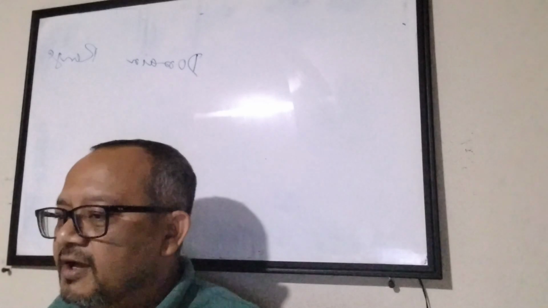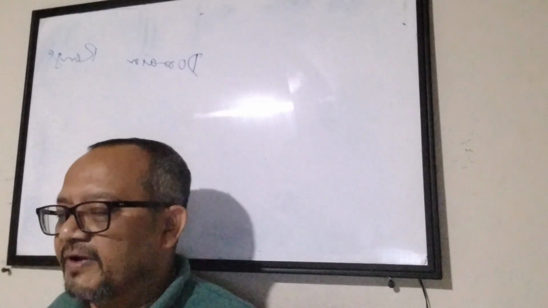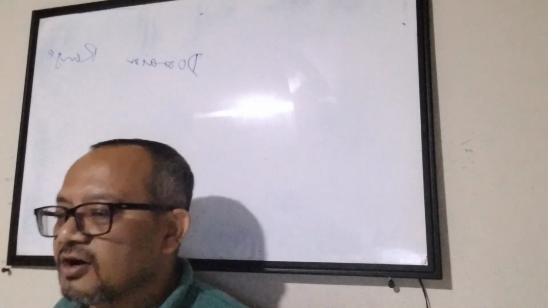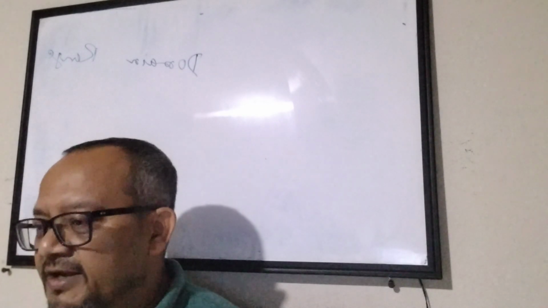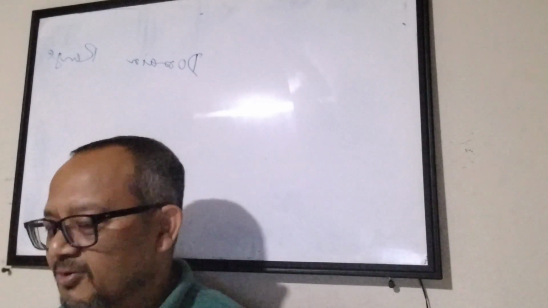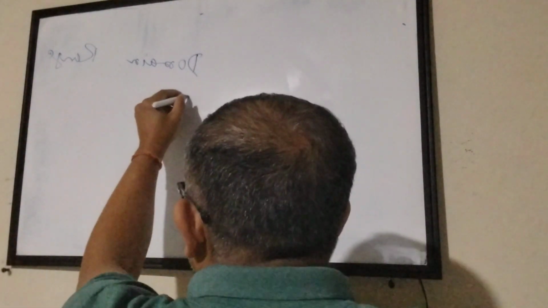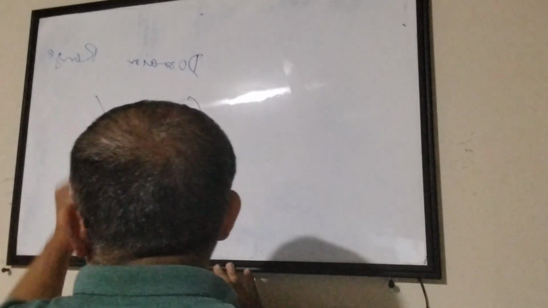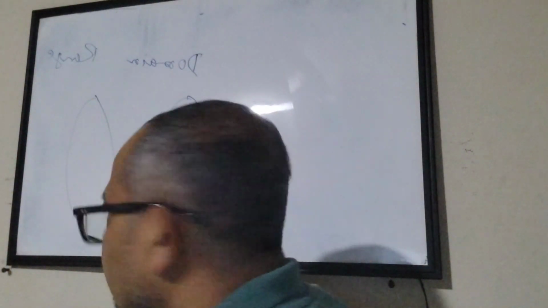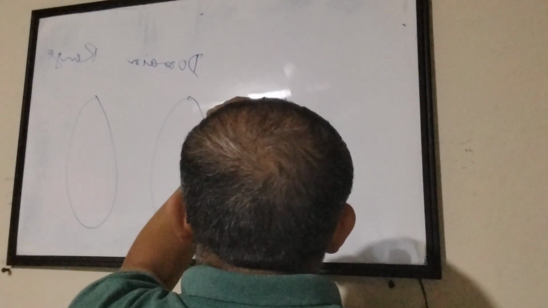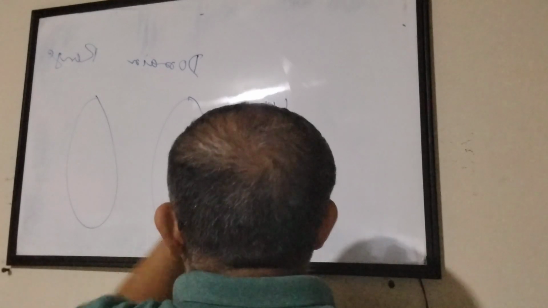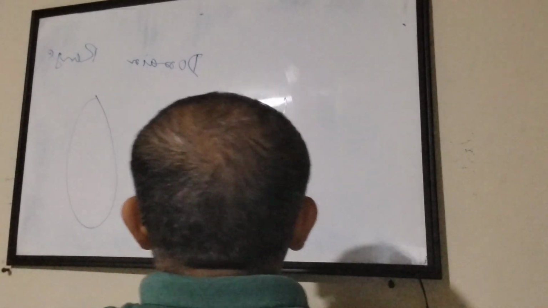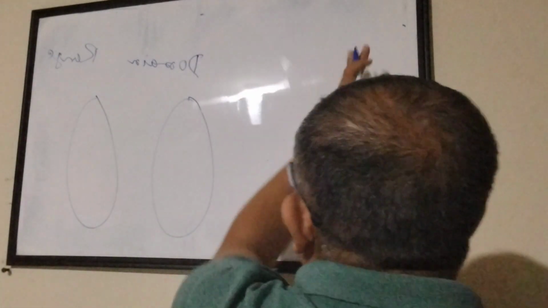Okay. In simple terms, domain is all your inputs and range is all your outputs for a function. Very simple layman's definition. So let's say I have a function of x, and let me put it like a table here.